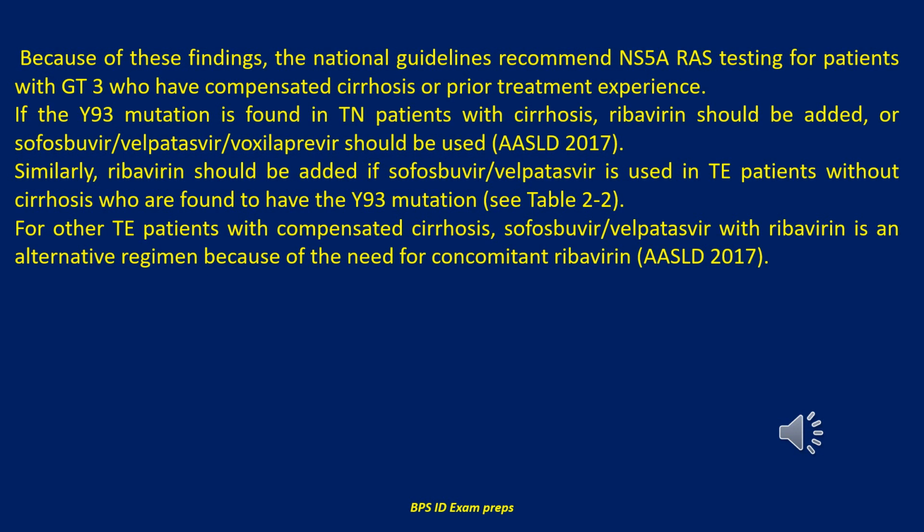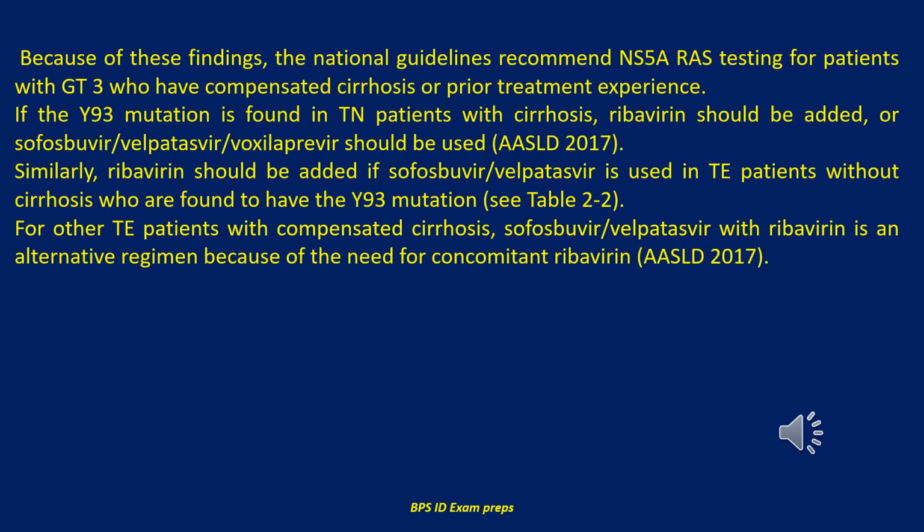If the Y93 mutation is found in treatment-naive patients with cirrhosis, ribavirin should be added, or sofosbuvir plus velpatasvir plus voxilaprevir should be used, according to AASLD 2017. Similarly, ribavirin should be added if sofosbuvir plus velpatasvir is used in treatment-experienced patients without cirrhosis who are found to have the Y93 mutation.